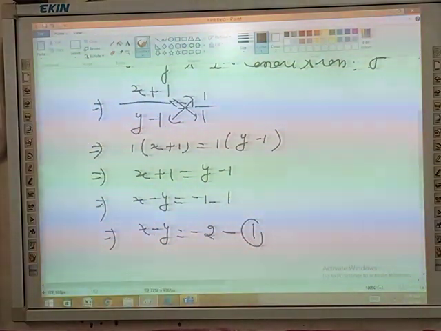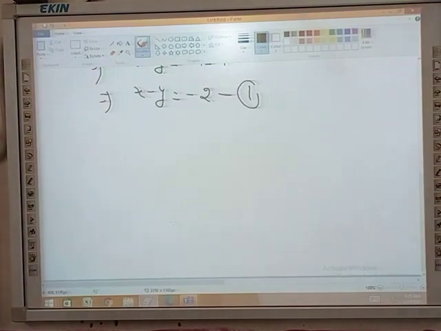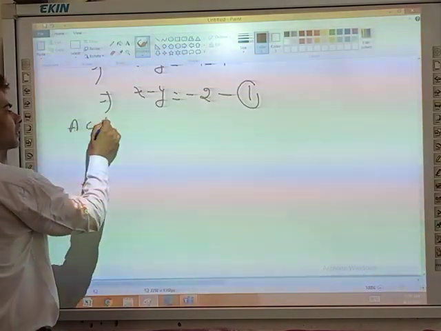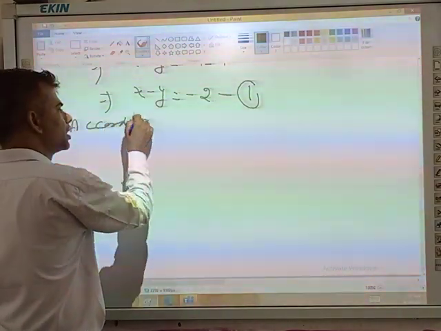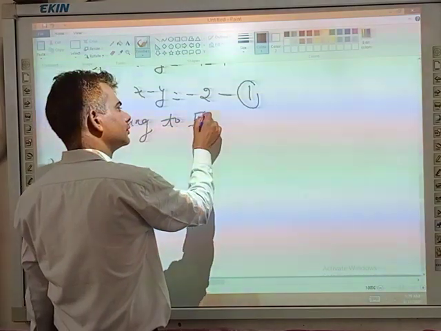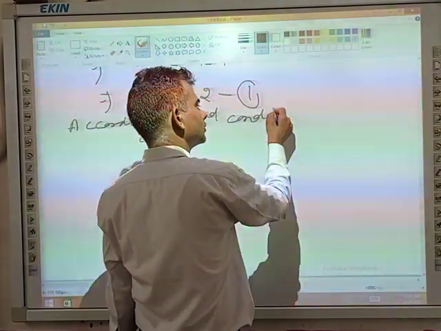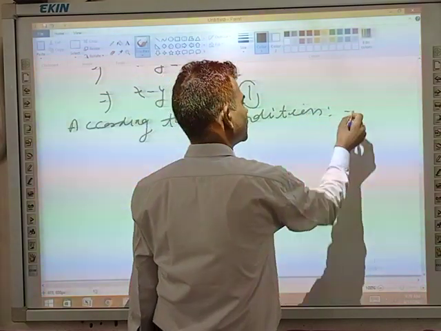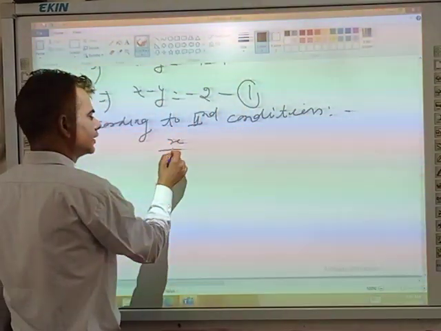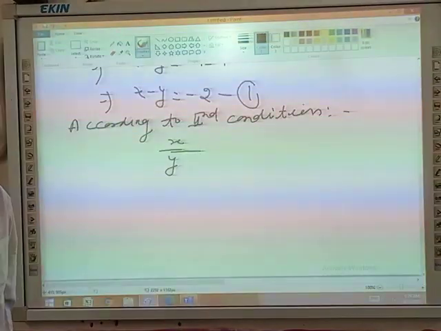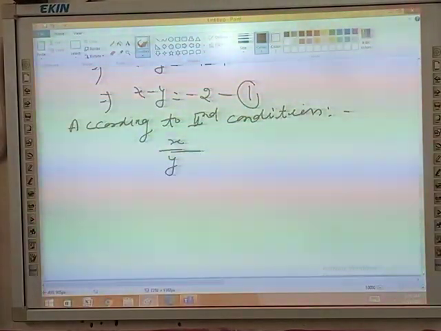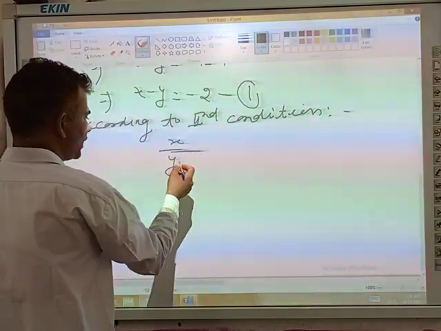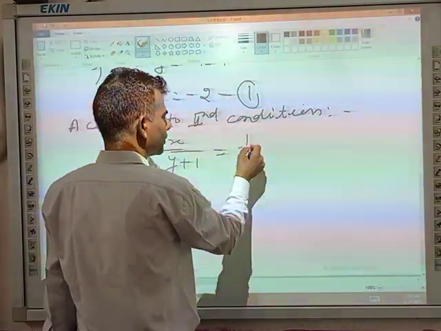Students, any doubt, any problems? No, sir. Now students, according to the second condition, it becomes half if we only add 1 to the denominator. x by y, if we add 1 to the denominator, it becomes half.